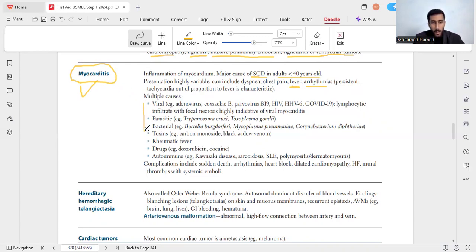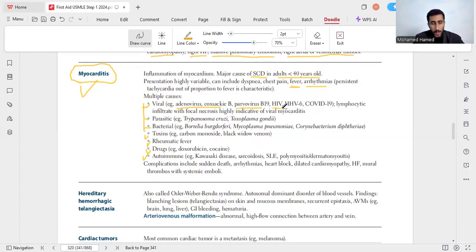There are different causes of myocarditis. The first three are the infective causes, which may be viral, parasitic, or bacterial. Not only infective causes will cause myocarditis, but also toxins, rheumatic fever, drugs, and some autoimmune diseases. First are the viral causes of myocarditis. More common viruses are adenovirus and Coxsackie virus, and parvovirus B19 can also cause myocarditis.